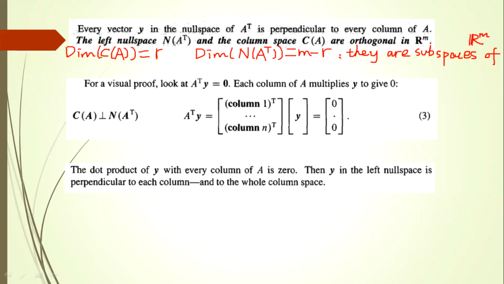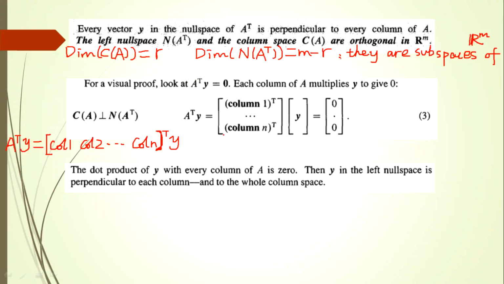Now let's check the left null space. We can express A transpose y in this way. I can write A transpose by rows as column 1 transpose, column 2 transpose, until column n transpose, times the vector y. Those are n columns, so in its transpose, that becomes n rows.